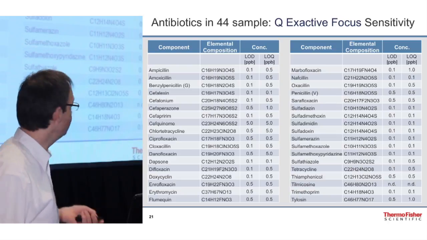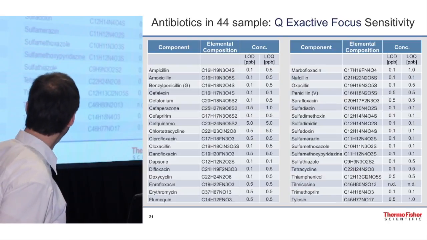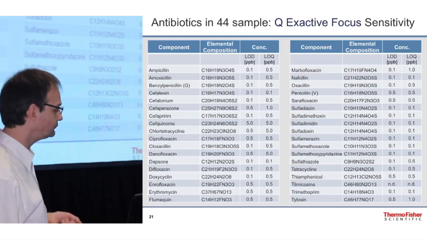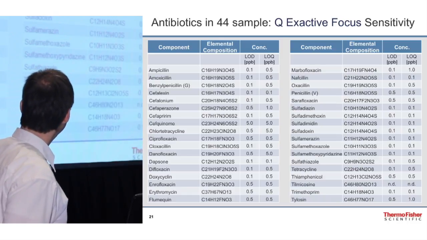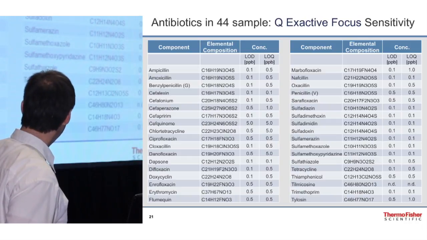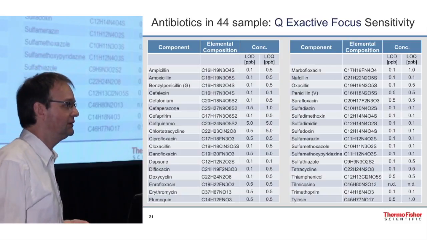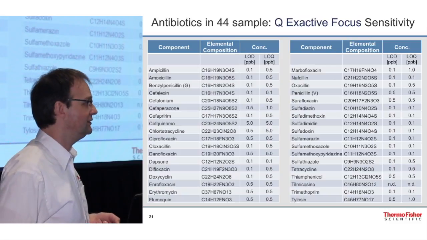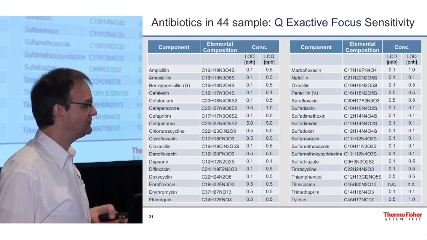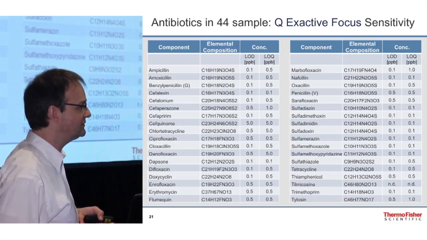And these are a couple of components, basically the antibiotics used in this study. And you see here the limits of detection, the limits of quantitation are fairly low. They are, in most cases, below 1 ppb, and so they are way lower than the administrative regulations at the moment give us the limits.